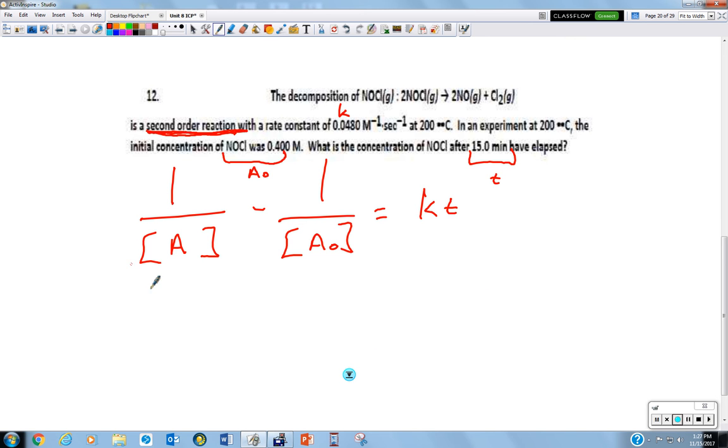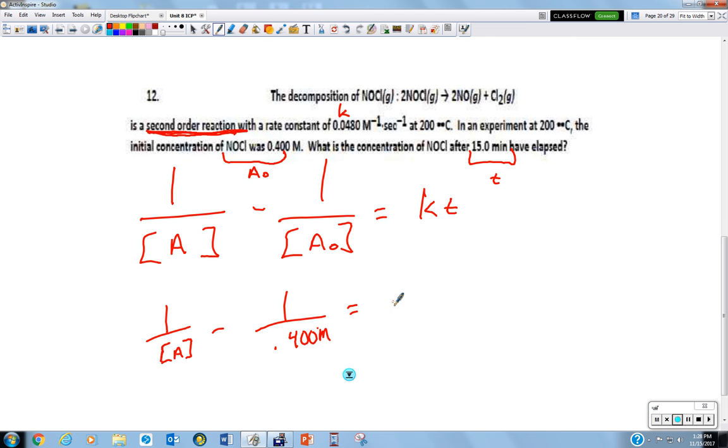So we're solving for A. So it's 1 over A minus 1 over A naught equals, let me put the actual number there. A naught will be 0.400 molar.